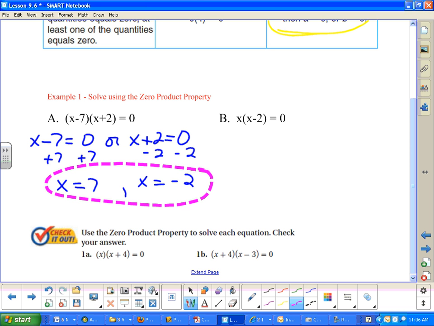All right, letter B. Once again, I have two factors here. The factors are x and x minus 2. When I multiply them together, they equal 0. So that means then that either x is going to equal 0 or x minus 2 equals 0.